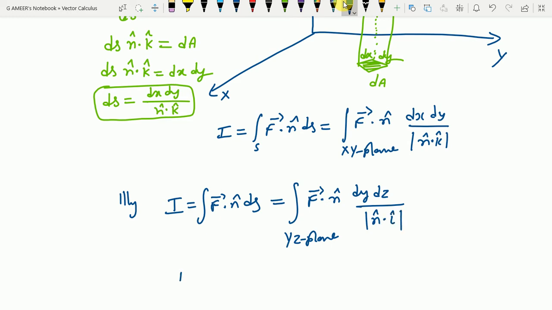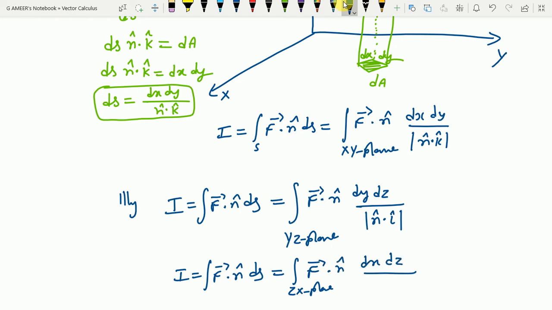Similarly, the projection in the zx plane, dx dz divided by n dot j cap, since the normal to the zx plane is j cap along the y-axis.